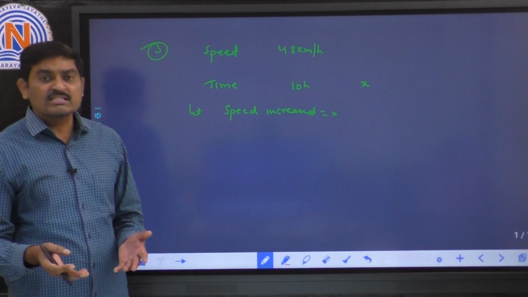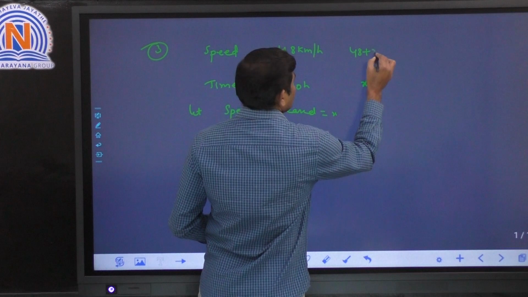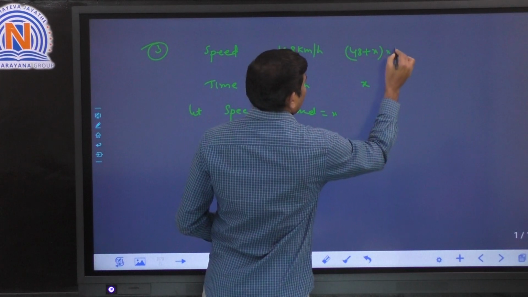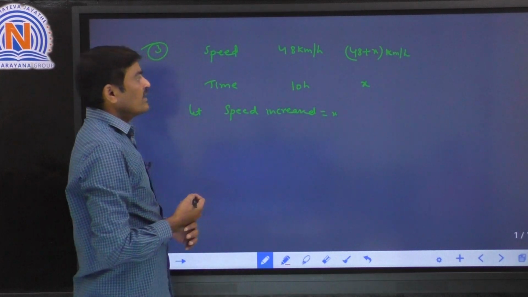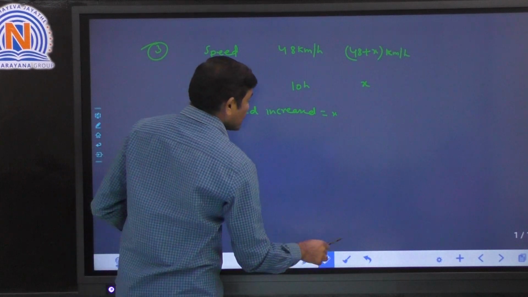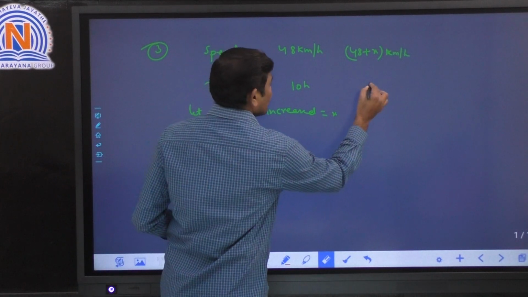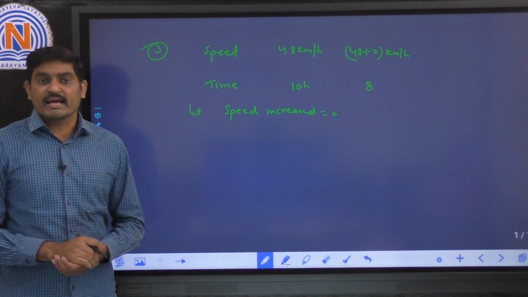Now the present speed is 48 plus x kilometer per hour. This can be completed in 8 hours.